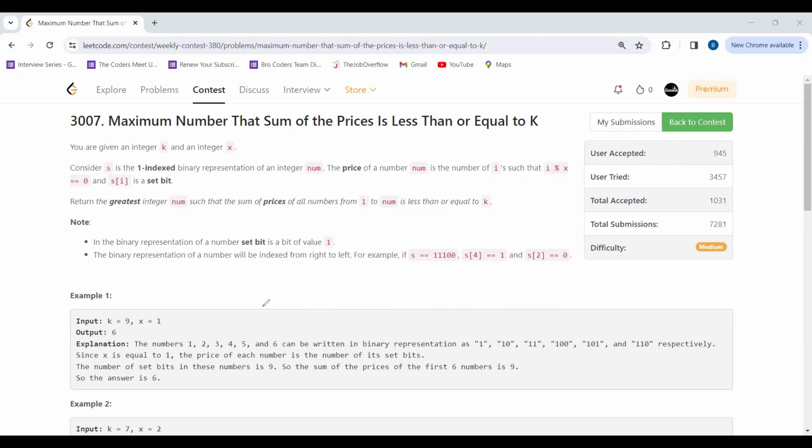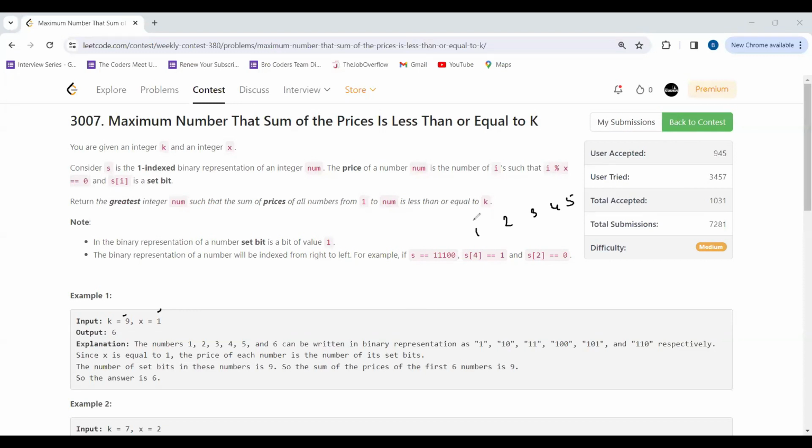So here k is equal to 9 and x is equal to 1. First of all, it is given that the binary representation is a one indexed array. So all the indices are 1, 2, 3, 4, 5.